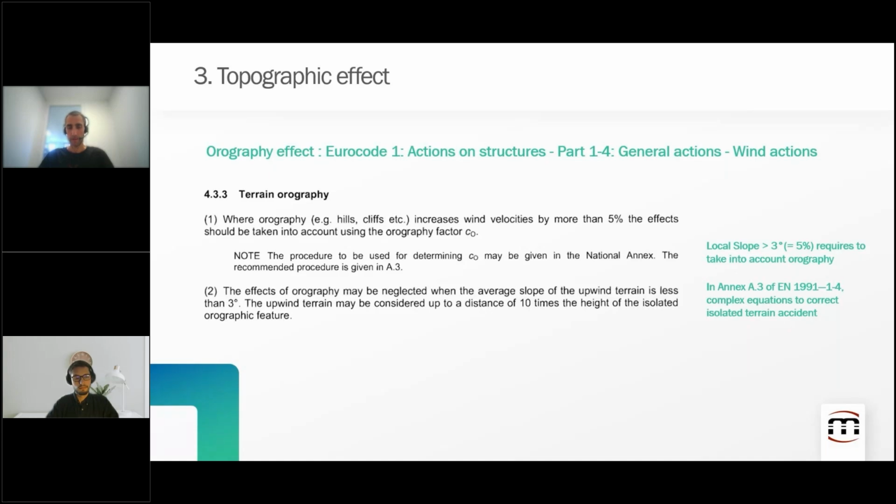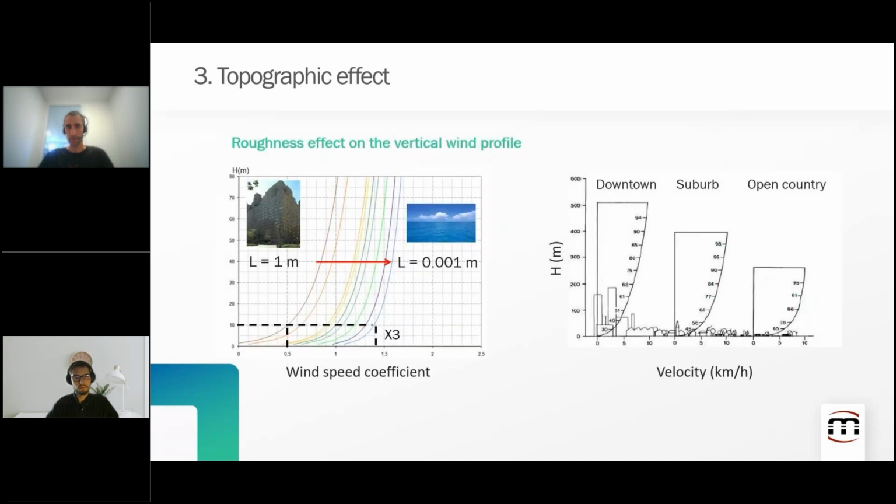Okay, so let's move to the next slide. Now, I would like to talk to you about the roughness effect. I've plotted here the wind speed with respect to the height above the ground for several land occupations.